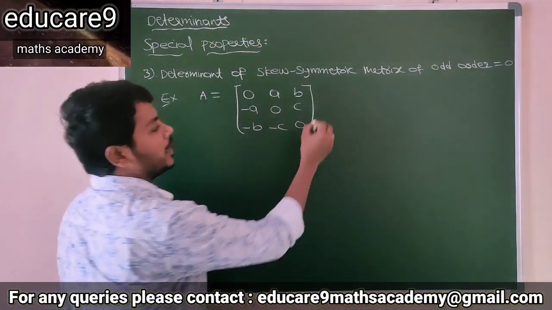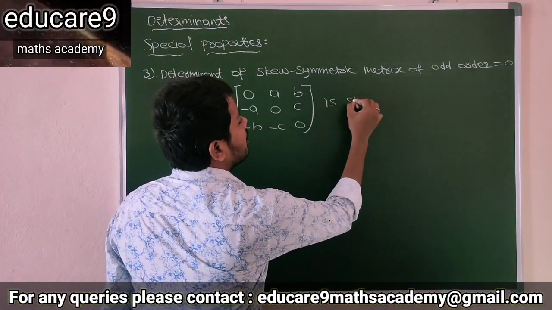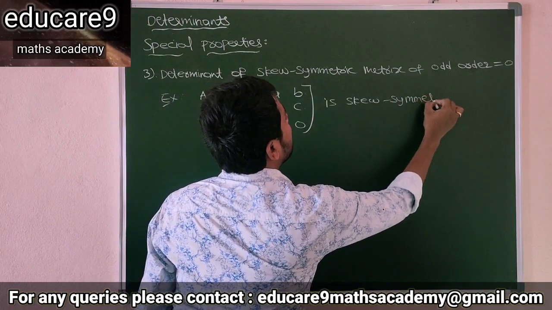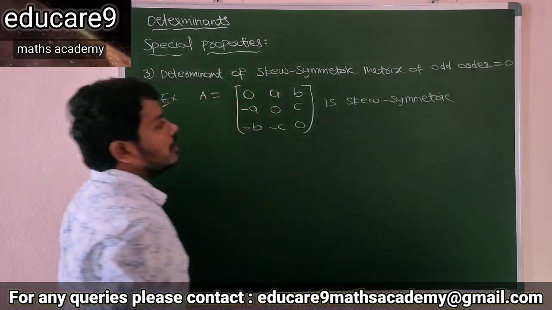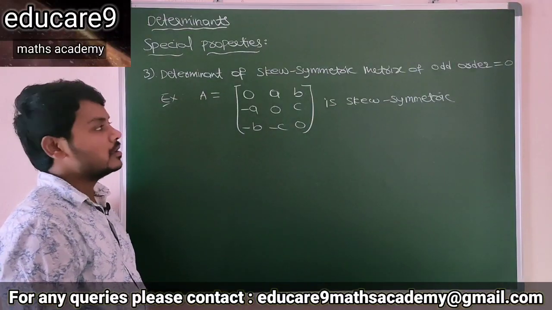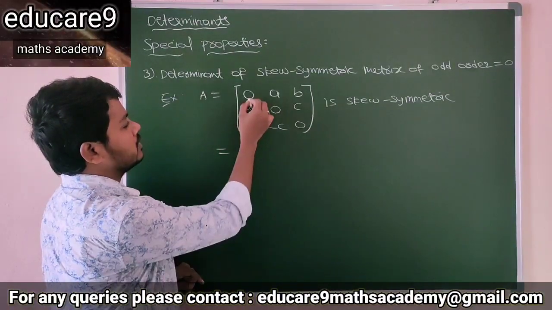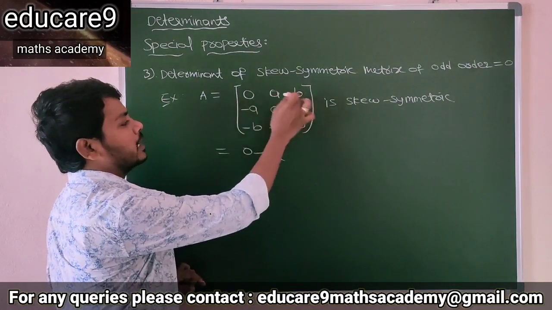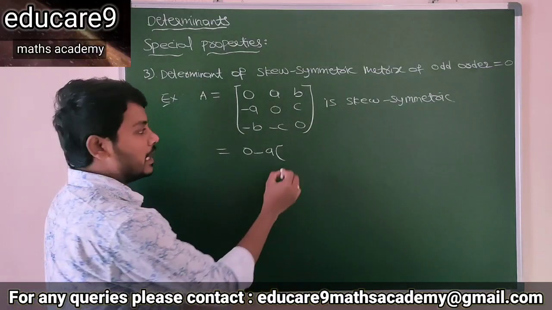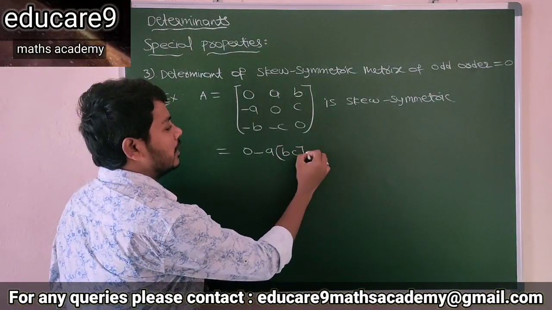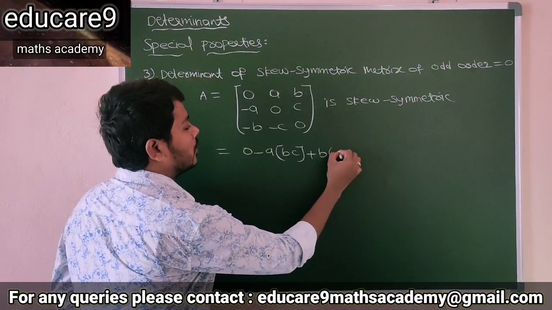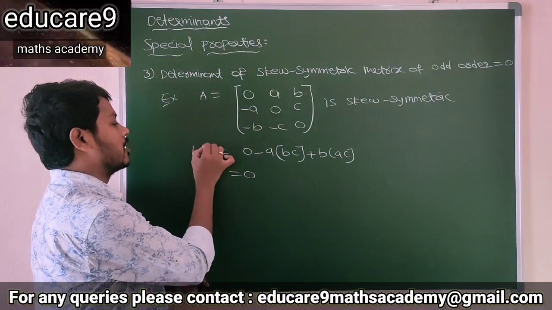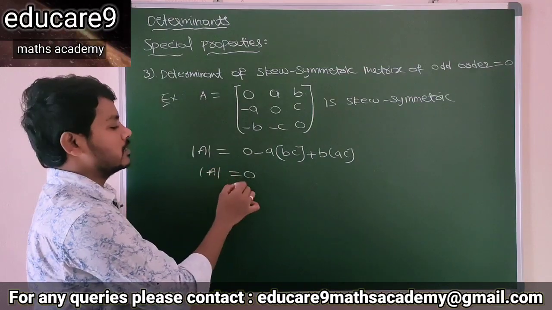So this matrix is skew symmetric. Then find this determinant. Determinant is 0 minus a into, deleting the corresponding row and column, you will get bc. Next plus b into ac. So clearly this becomes 0. Therefore the determinant of A is 0.